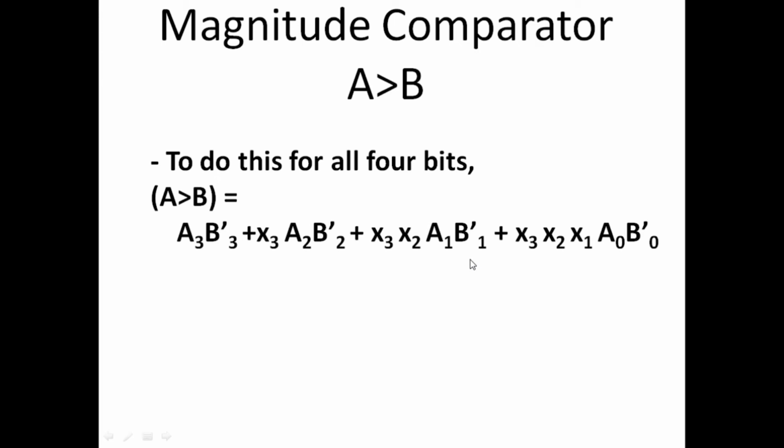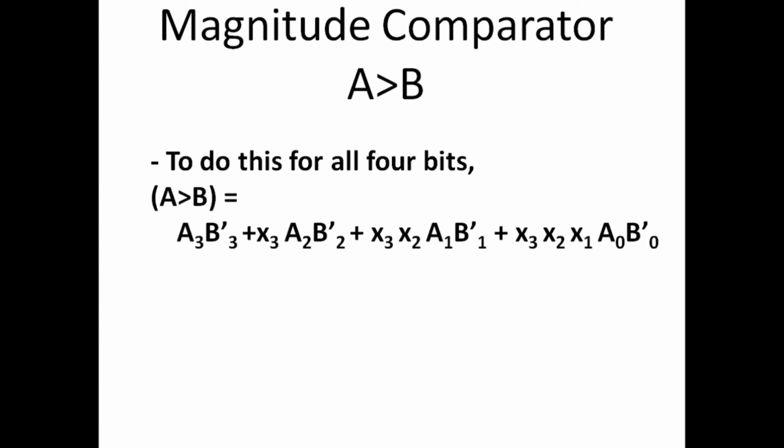If this is true, then we also declare A is greater than B. Or the bits at significant position 3 are equal, and the bits at significant position 2 are equal, and the bits at significant position 1 are equal, and A0, which is the rightmost bit, is 1 and B0 is 0. Then also we can say that A is greater than B, and this is the condition for 4-bit numbers. So A is greater than B if either of these terms result 1.